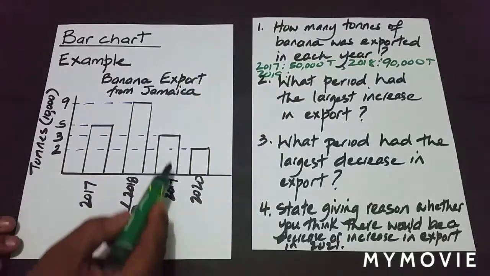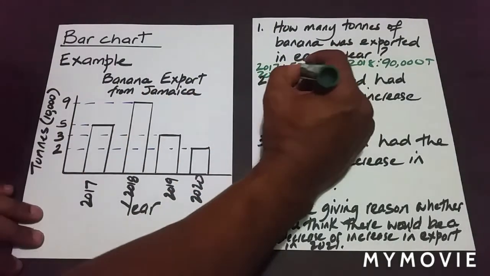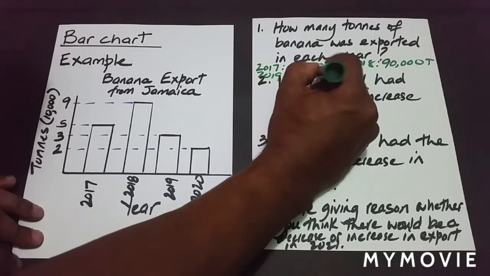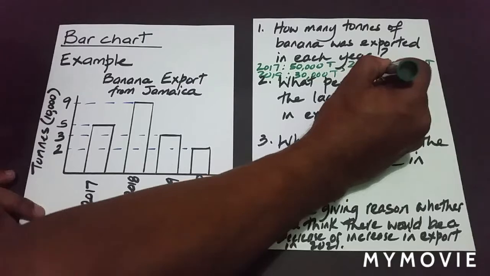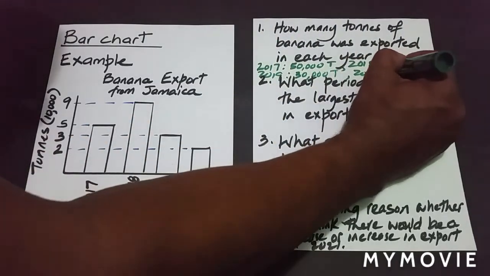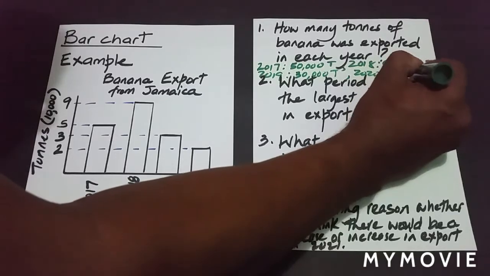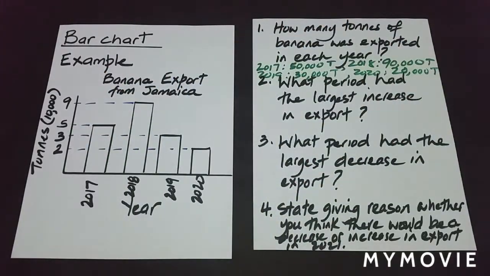Clearly it's 30,000 tons of banana exported in 2019, and in 2020, you can see here that 20,000 tons was exported. So that would have been the answer to question 1.